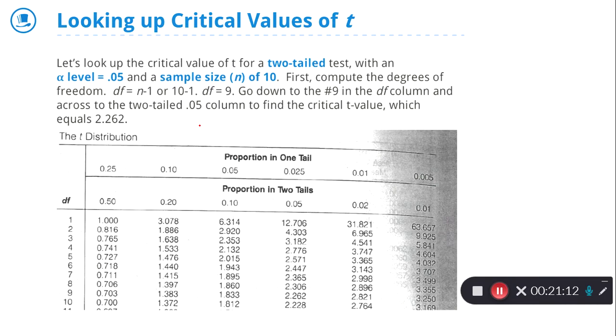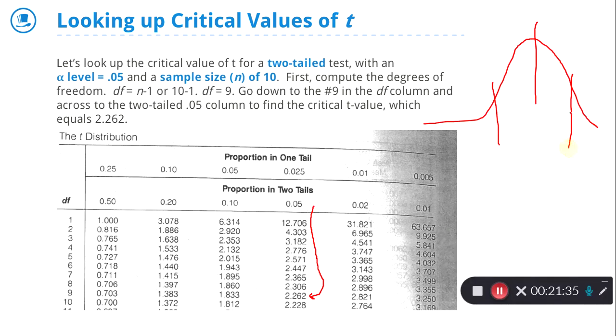And again, here's another example. Sorry, this one should have come first. Two-tailed 0.05 for 9 degrees of freedom is down here, 2.262. Now that's two-tailed. So what would it be like? Well, think back to the earlier chart that showed the two-tailed test that looked a lot better than my sad drawing here.